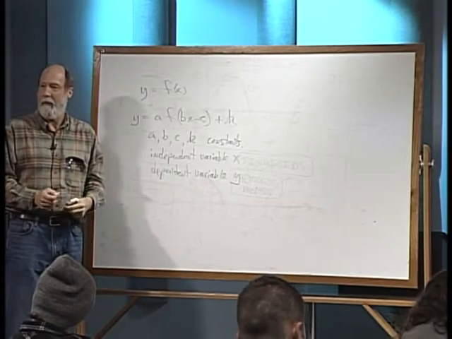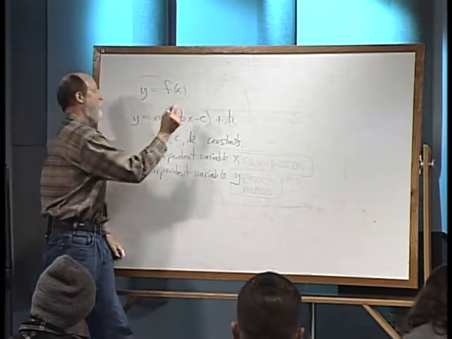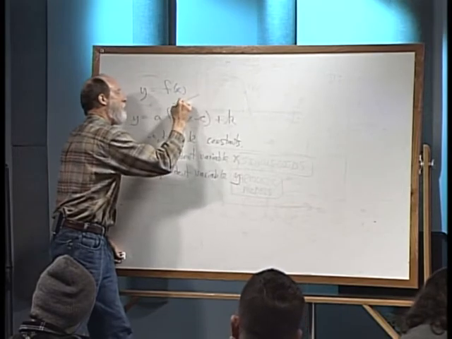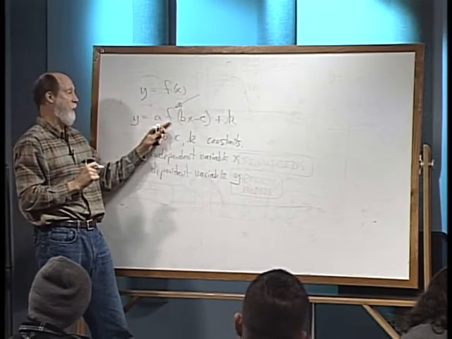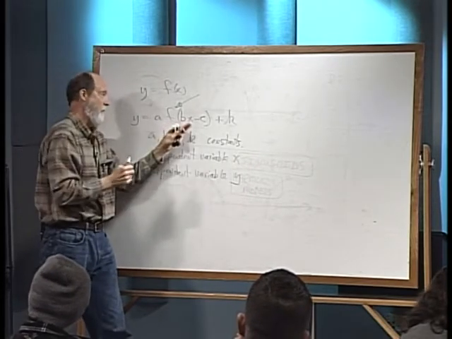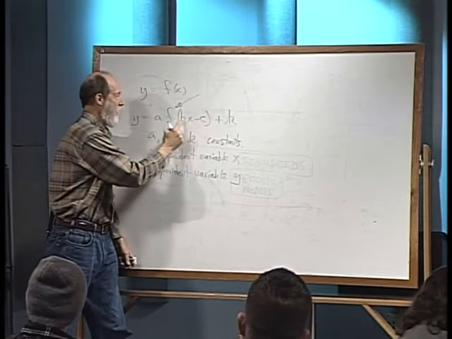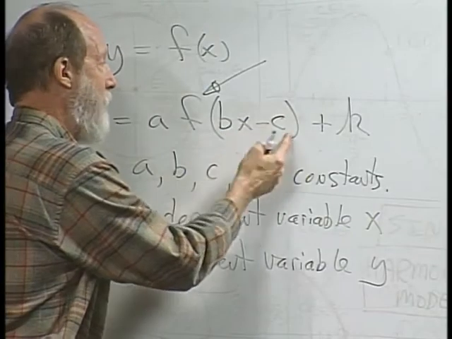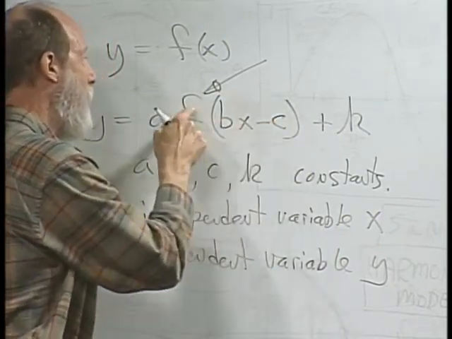Very familiar territory. Notice the fundamental recipe is right here, right? This is the process that you are going to apply to the independent variable. You're going to take the input, you're going to multiply it by some constant, subtract possibly something from it, and you get a new input to the recipe.